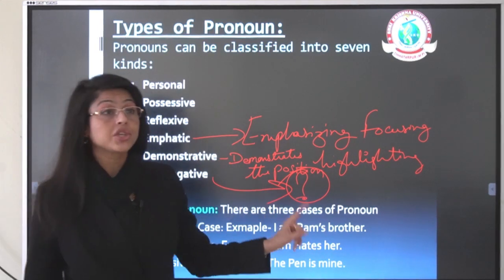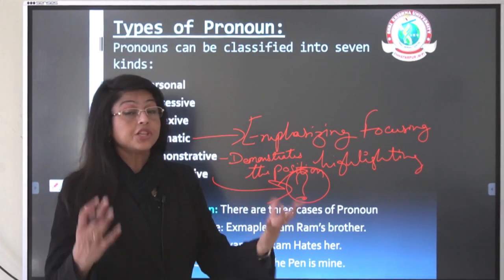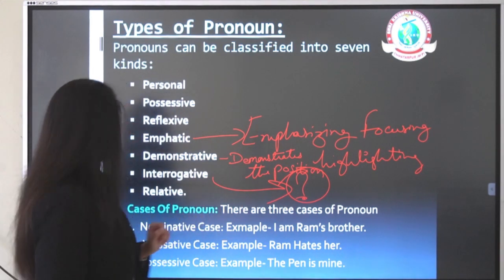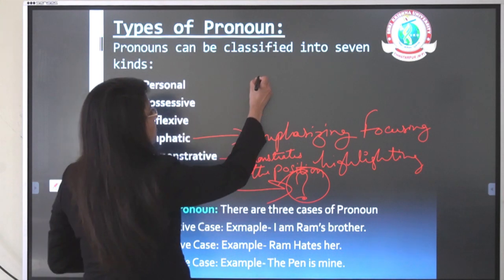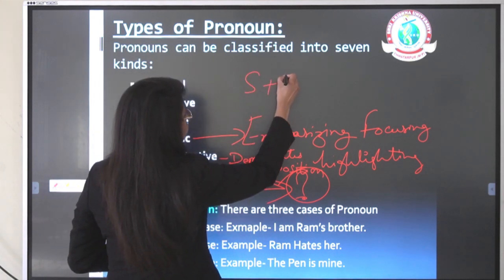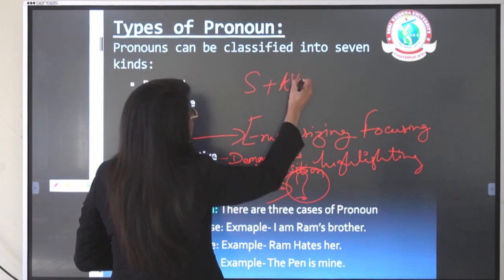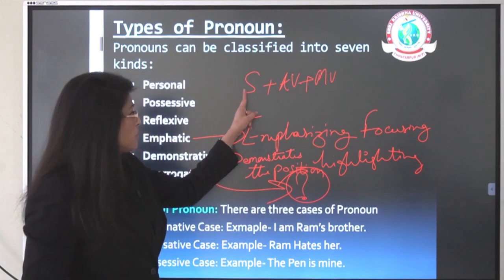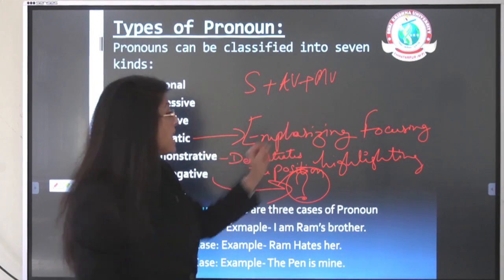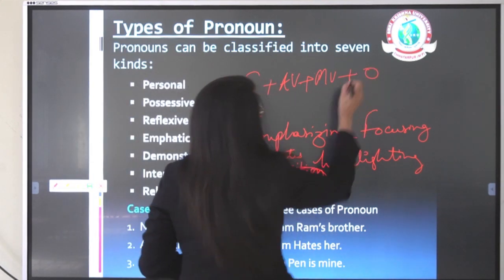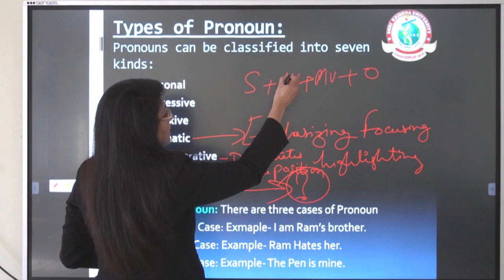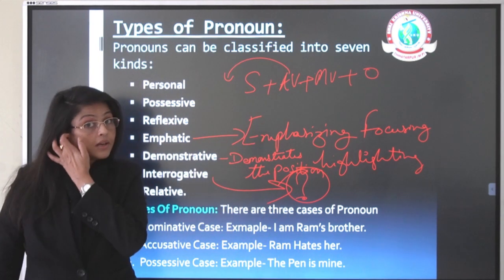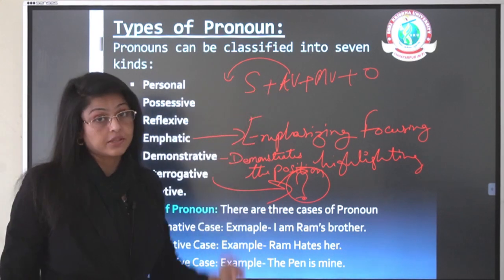However, interrogative sentences can also be created by putting, I told you the basic structure of a sentence: subject, auxiliary verb, main verb plus object. So by putting the auxiliary verb before the subject, it becomes an interrogative sentence.